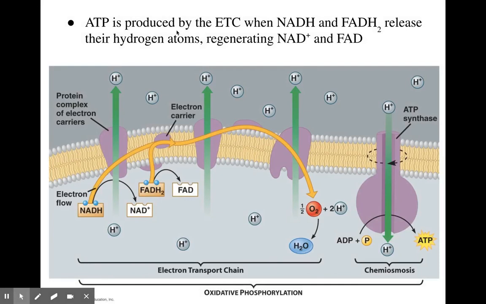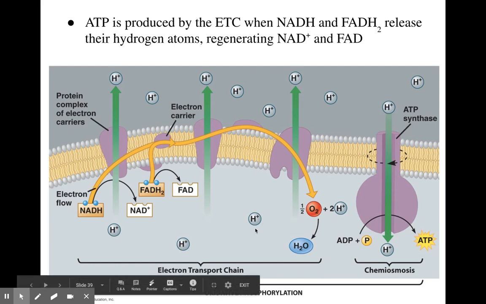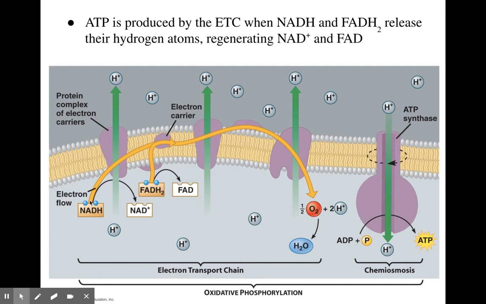So ATP is going to be made by the ETC when NADH and FADH2 release their hydrogen atoms. And now we're making NAD plus and FAD, right? So here we go. And what comes off? Oh, those hydrogen ions are coming off. So now they're in the matrix. And then what is the NADH giving?